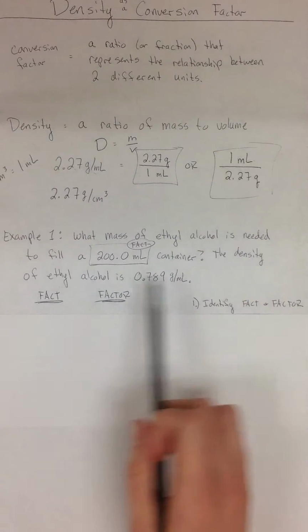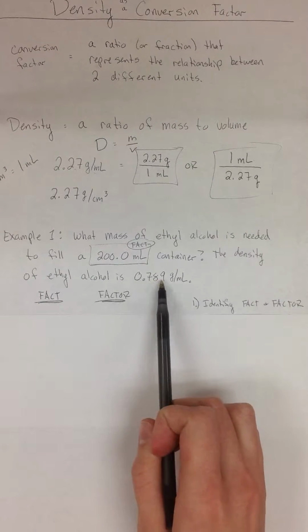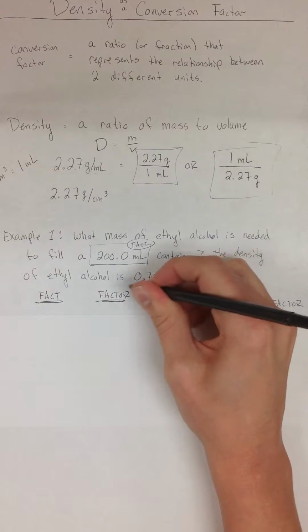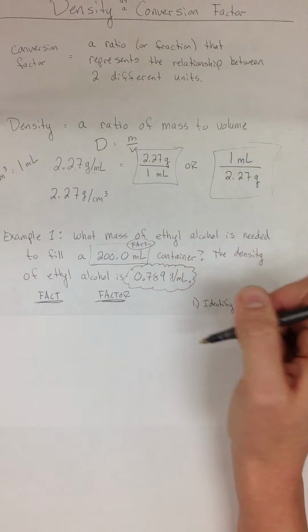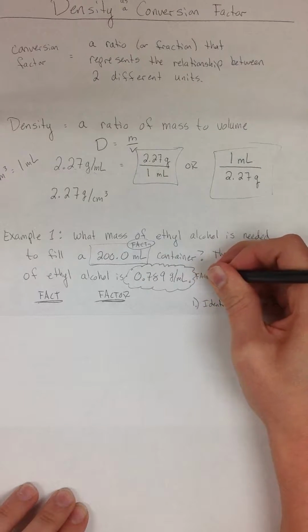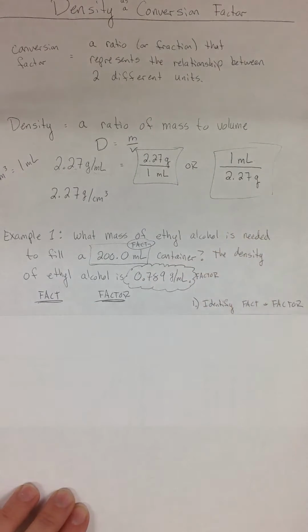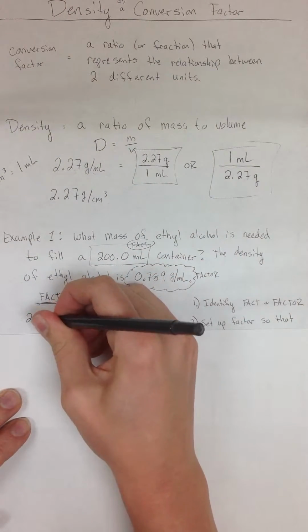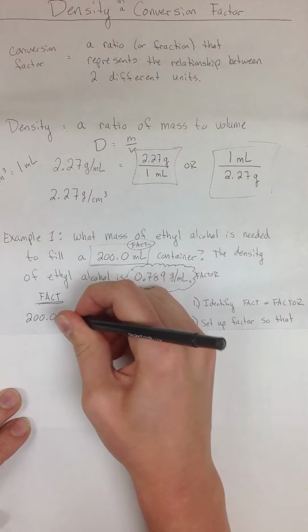This other number, the density of ethyl alcohol, 0.789, has two different units, grams per milliliter, so this is my factor. I'm always going to start with my fact, so under fact I'm going to write 200.0 milliliters.